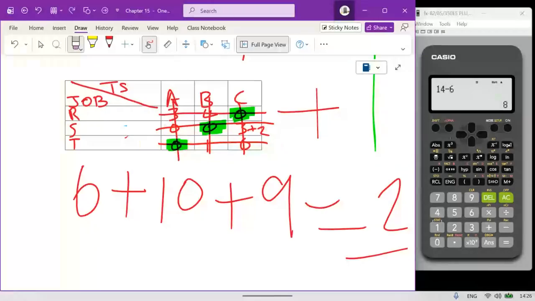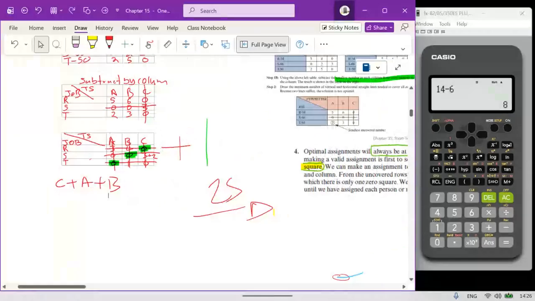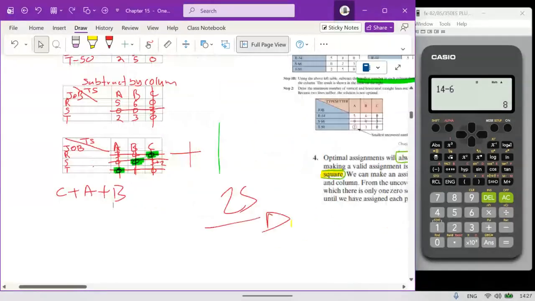R is assigned with C, S is assigned with B, T is assigned with A, and the solution now, I think it's going to be, the solution is C plus A plus B, because the second one we found was B. Okay, then the original numbers, now you must go check the original values.